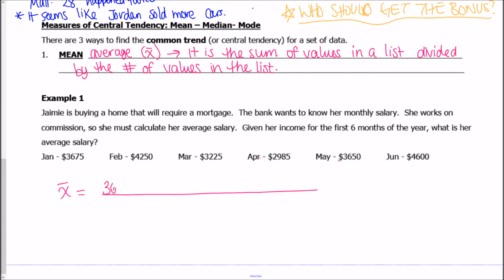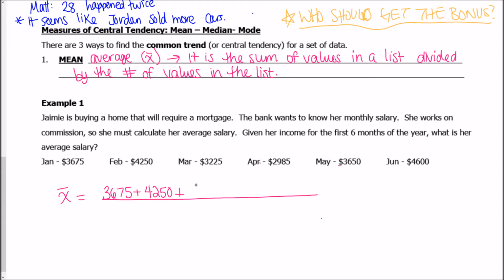In January, she got $3,675. February was $4,250 plus 3,225 plus 2,985 plus 3,650 plus 4,600, and that all needs to be divided by 6.